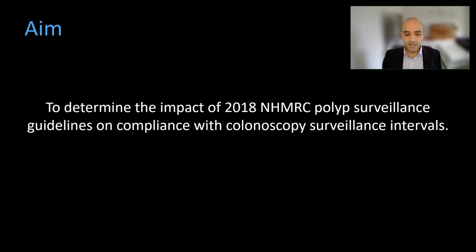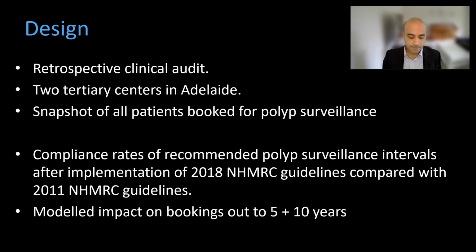So the aim of the study was to determine the impact of the new NHMRC polyp surveillance guidelines on compliance with colonoscopy intervals. We designed this as a retrospective audit to run across 2 tertiary hospitals in Adelaide, Royal Adelaide Hospital and the Queen Elizabeth Hospital.